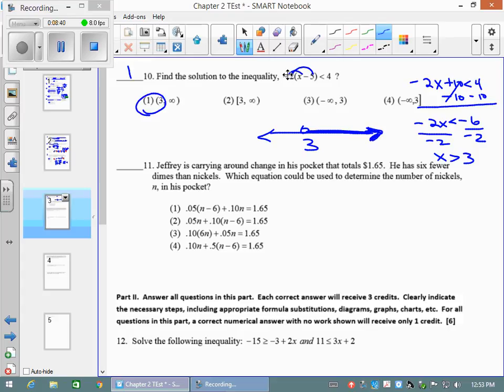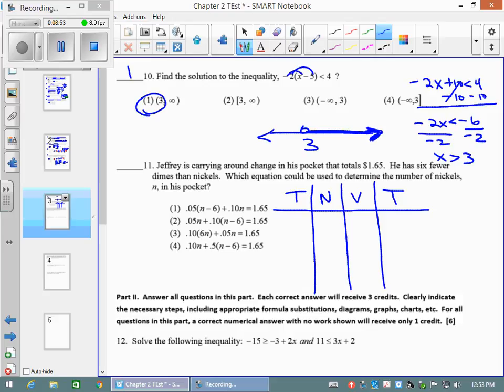Looking at question 11, it'd be a good idea to set up a type number value. So the two types of coins we're talking about are nickels, dimes. I know the number of nickels is n, and the number of dimes is n minus 6, because you have 6 fewer dimes than nickels.